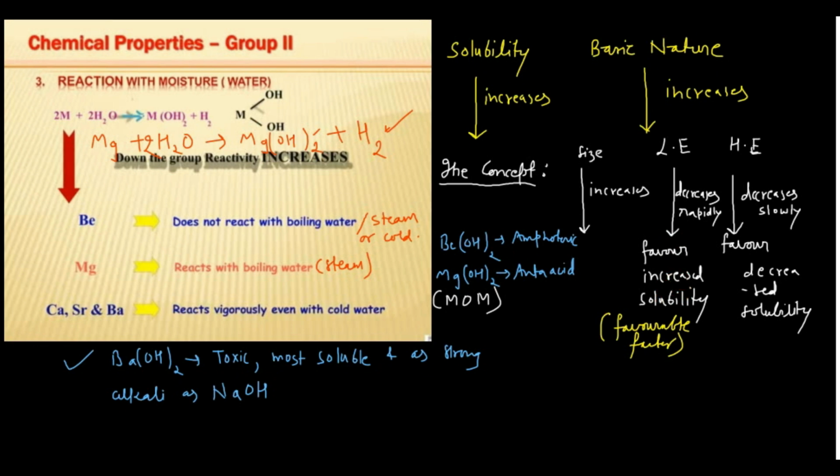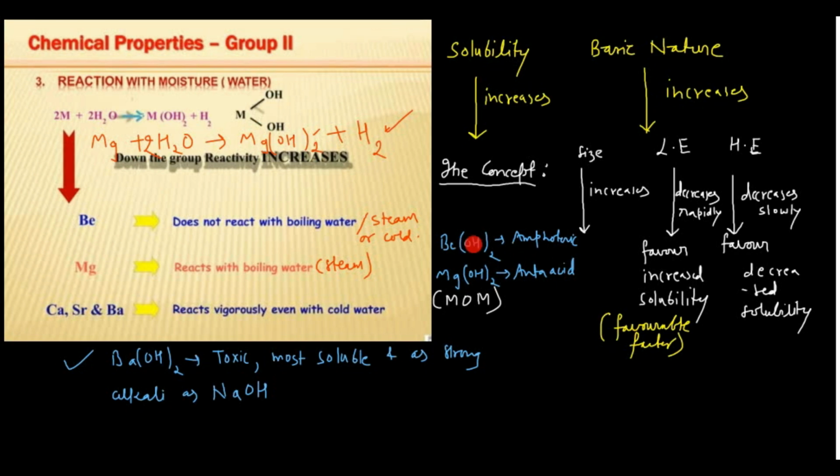And when your hydration energy is the dominating factor, then it will decrease the solubility. So when we move down the group, the solubility increases. Why does the solubility increase? Because your lattice energy decreases much more rapidly than that of the hydration energy.